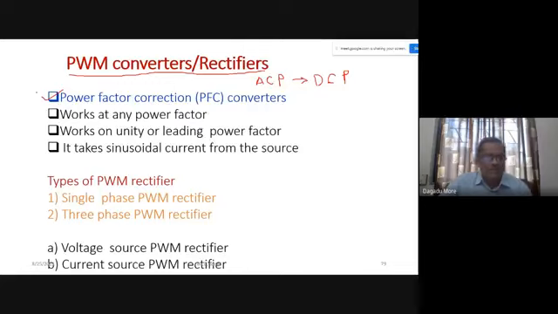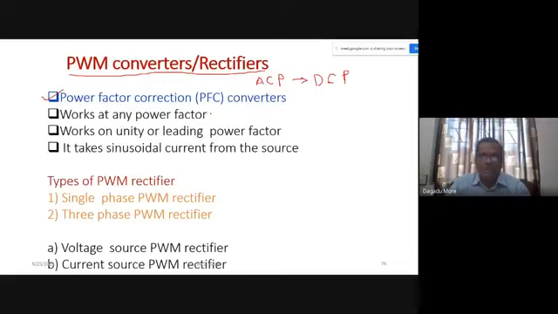But they can work at unity power factor. They will not take reactive power from the supply. That is very, very important. So whatever PWM converters or rectifiers we are discussing, they convert AC power into DC power, doing the job of thyristorized converters, but a very peculiar feature of these PWM converters is that they can work at any power factor.